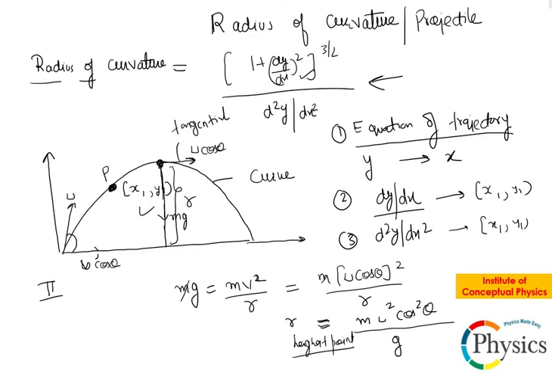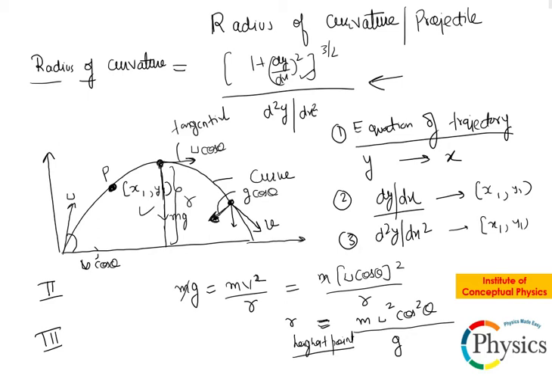So this is another way you can calculate the radius of curvature, which means if you have to find, for example, situation number 3, radius of curvature here. What you do is, the velocity vector is in this direction, okay, which is tangential to the curve, and the weight is acting downwards, and then this is the perpendicular part. So this is your velocity vector. This perpendicular component is the g cos theta, okay?